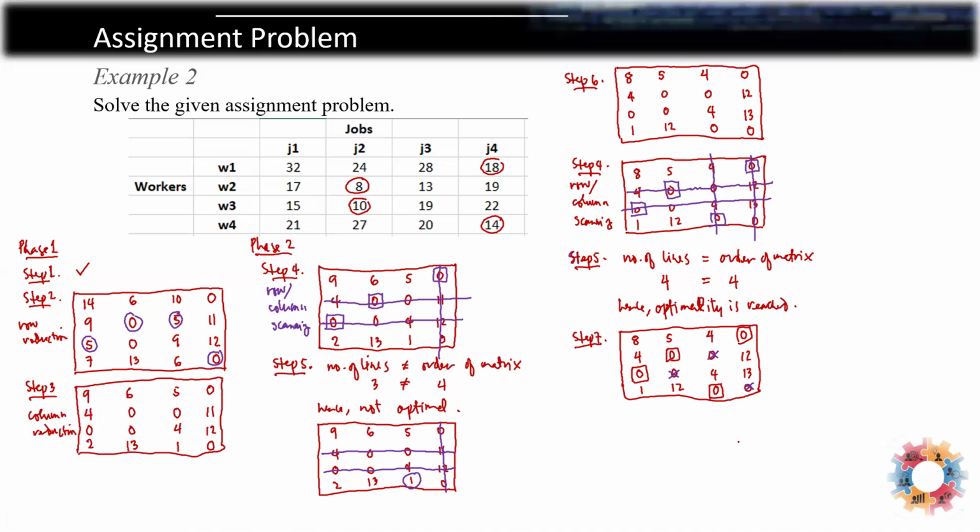Okay. So in step number 8, we have worker 1, worker 2, worker 3, and worker 4, and job 1, job 2, job 3, and job 4. So we have the zeros there.